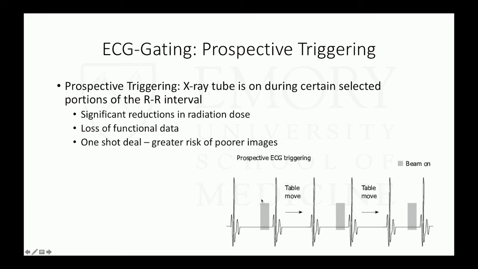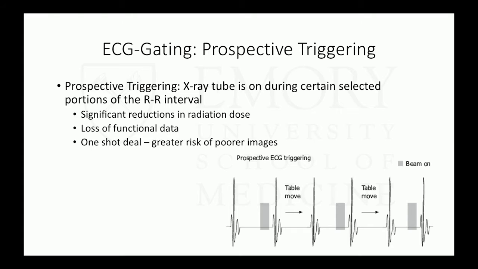This significantly reduces radiation dose. The downside to this is you lose functional data, which I think in an evaluation of coronaries is less important. We have other ways of acquiring that information, but certainly it's one of the downsides.